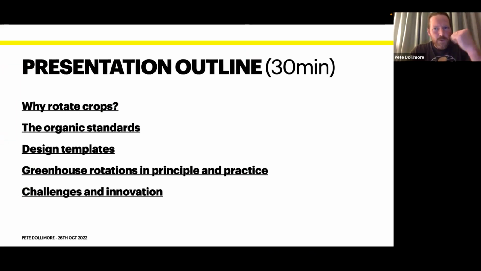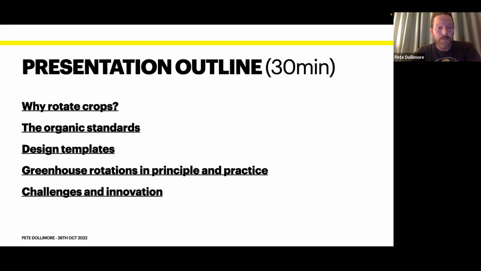I'll look a bit at the organic standards, because for most people who are certified, there are outlines there that we try to follow. Those standards have been developed over a very long time by most of the most influential people in the country, if not the world, making those standards what they are. So they're important to look at.